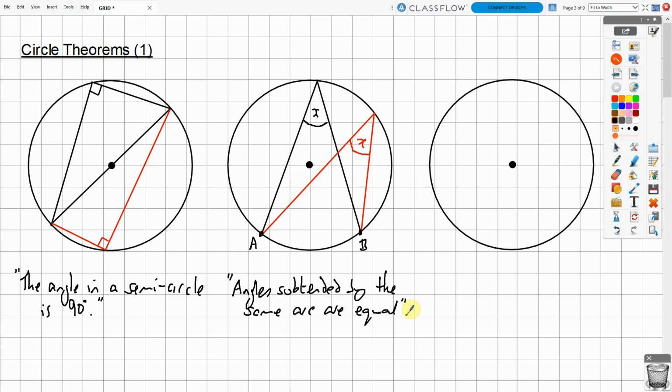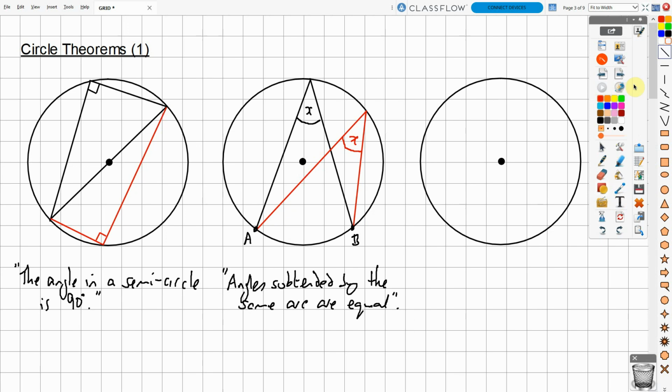The third circle theorem in this video relies upon the centre again. That second one didn't rely upon the centre of the circle. We're going to start with quite a similar diagram, but this time we're going to put some lines in there instead.